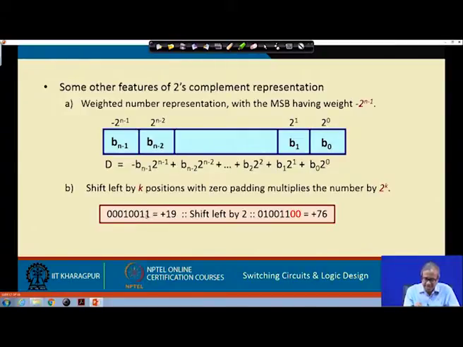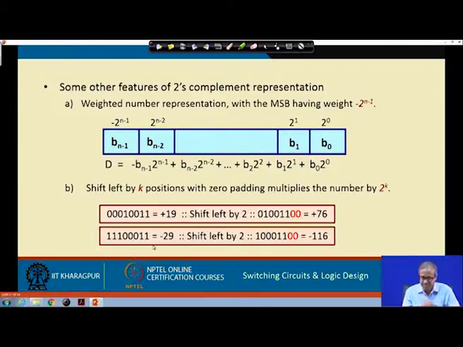So, if I shift left the number by 2, that means 10011 is getting shifted and 2 zeros are inserted on the right. If you evaluate this number, again 1, 2, 4, 8, 16, 32, 64, so 64 plus 8 plus 4 becomes 76. So, 19 multiplied by 4 is 76, 2 to the power 2.